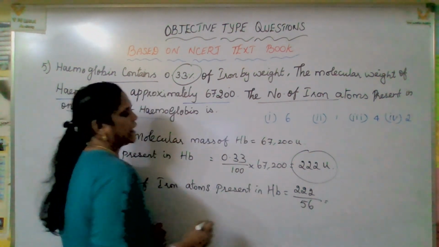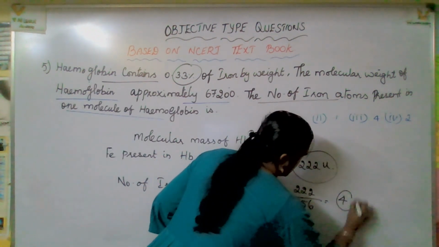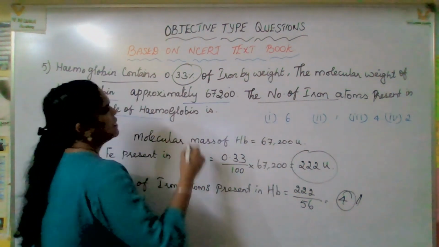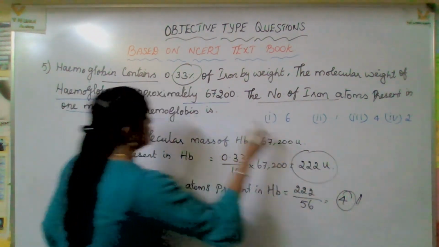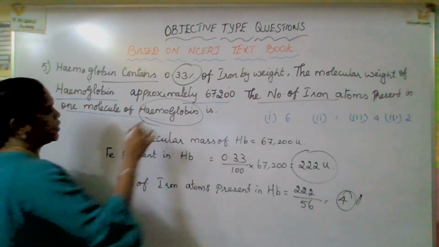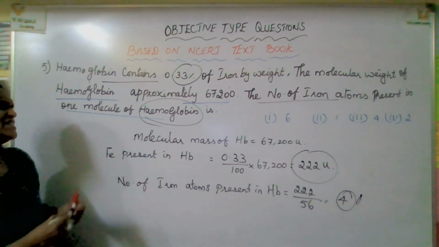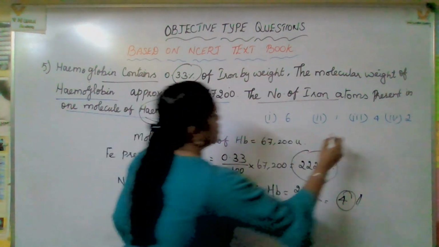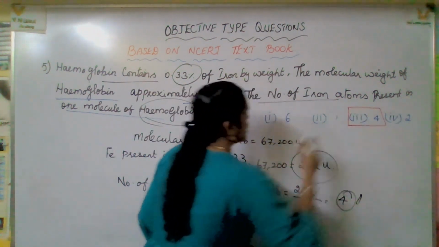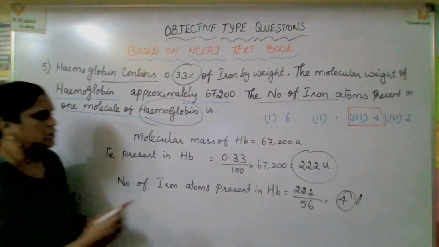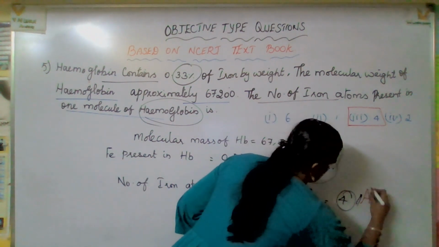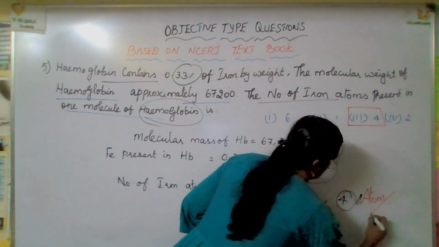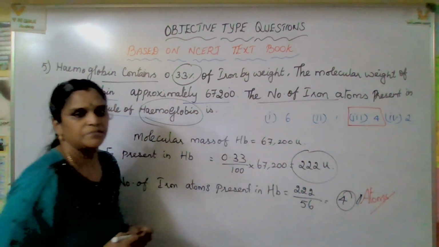So you will get 4 iron atoms present in the hemoglobin. Hope you got a clear idea. This is very simple. Which option is the correct option? The third option is correct: 4 atoms. Next question.